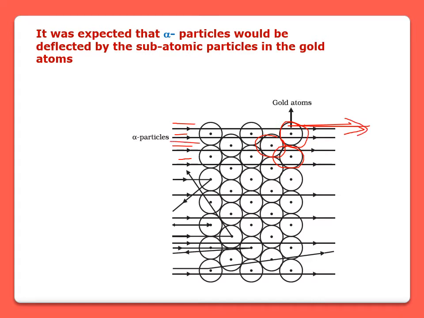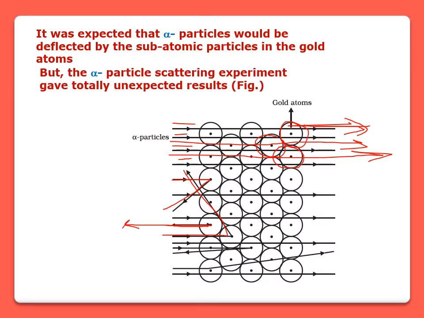You can see here, these particles are passing. And some of the particles are deflecting from their path. This is the second point. And very few particles are coming back along the same path. So these 3 points he noticed.